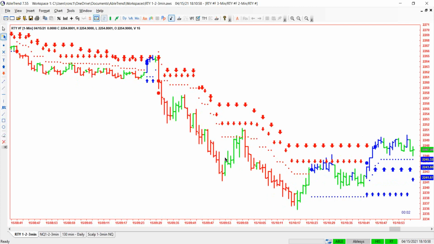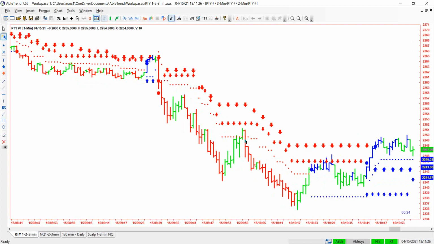You say, well, when do I get in here? Well, there's your textbook perfect sweet spot that I talk about in all the webinars and just showed you on that other chart. Prices come back up, hit the dot, in this case the red dot, which obviously means sell, bounce off, and then go down. So the next red bar, which is the red bar right here at the close, remember, we always get into trades at the close, because that means the price bar will never, ever change.